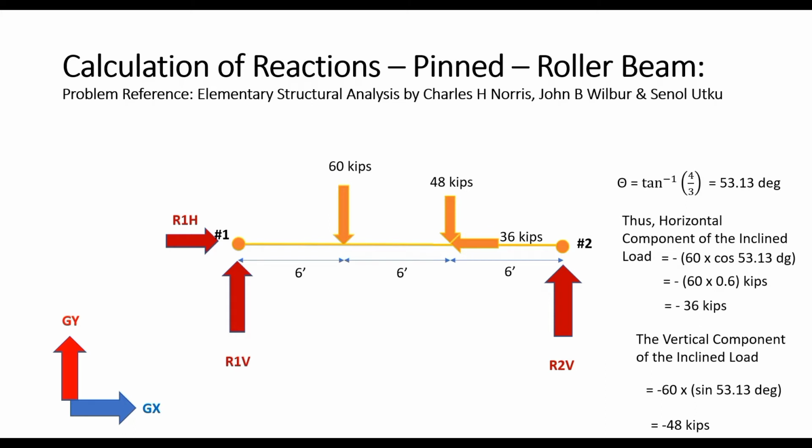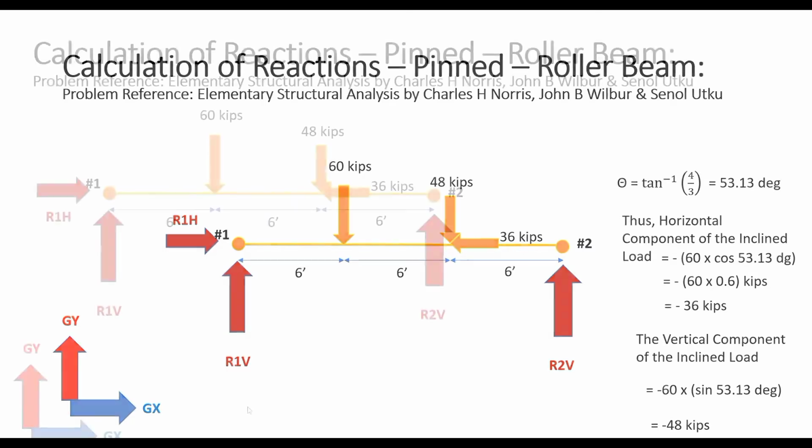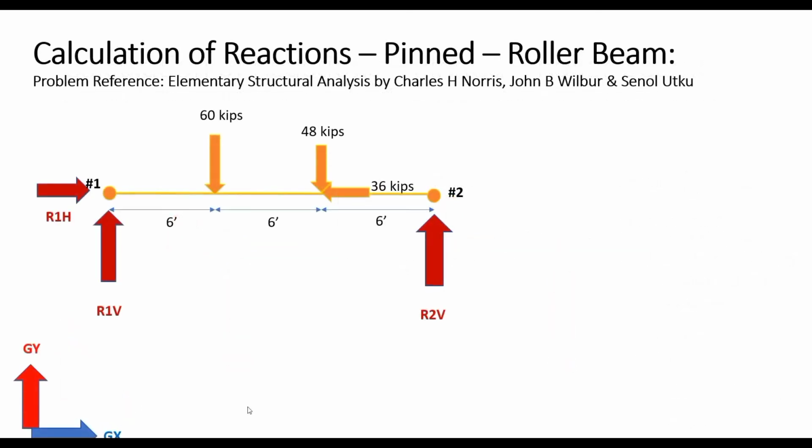So we can now represent the inclined load as its equivalent vertical load of 48 kips and the horizontal load of 36 kips. Now let us calculate the reactions of this pin roller beam. As you may remember, this is a statically determinate system, so we can use the equations of equilibrium to solve for the reactions.